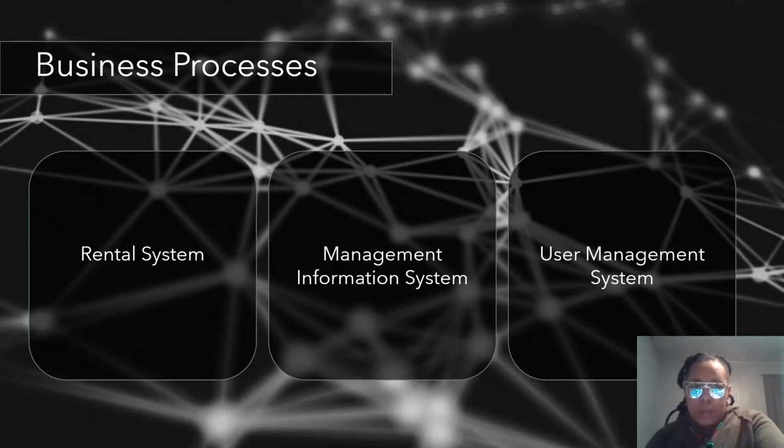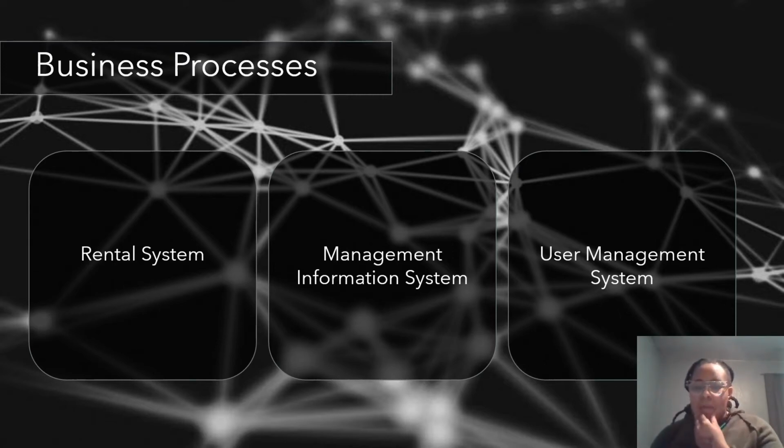Next was the user management system, which would be again initiated by the user. However, this time we're talking about management of payments, user registrations, discounts, the billing process. These things would be determined by the user management system.